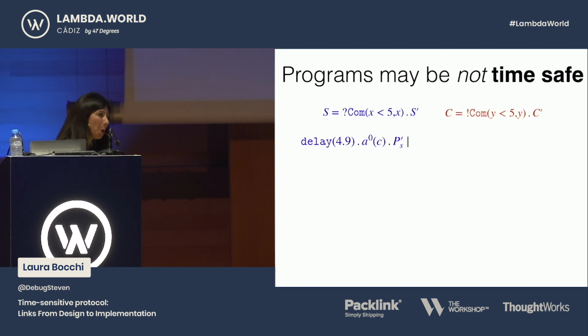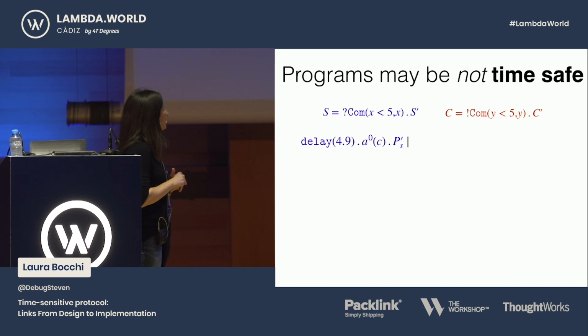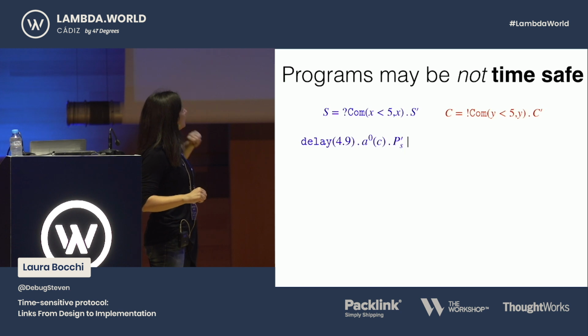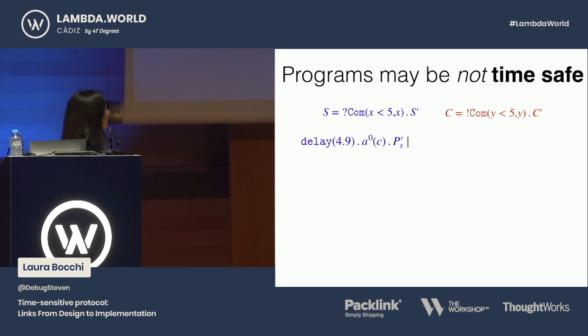Not all timed programs that we can write are time safe. So I will show you what can go wrong with the third option. The server is specified as a session type on top, and we have the implementation with the non-blocking receive there.